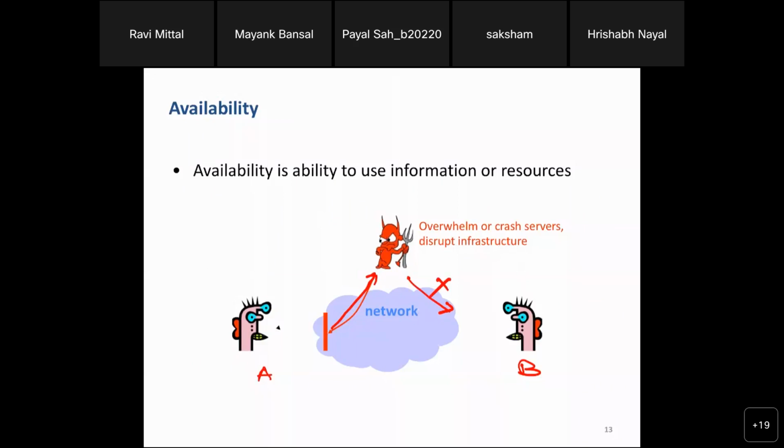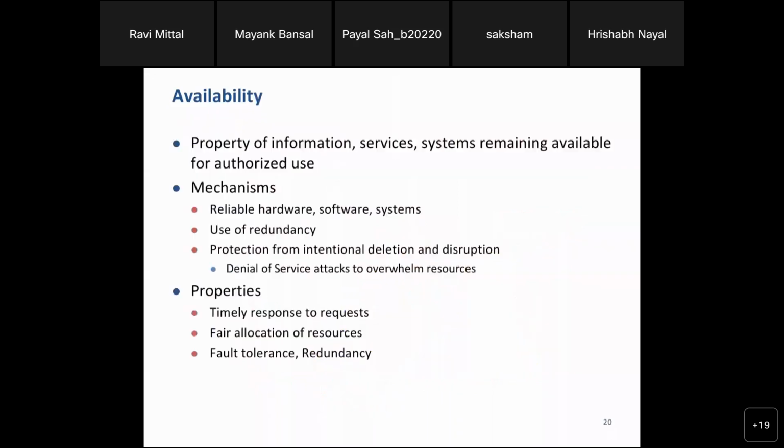In real life, it could be because of server crashes or infrastructure disruption. It could also be because the internet is not working. When you're sending a message from A to B, and there's a router right here, if it malfunctions, then you can't send it, right? So this is also a way to ensure security: the system should remain available.